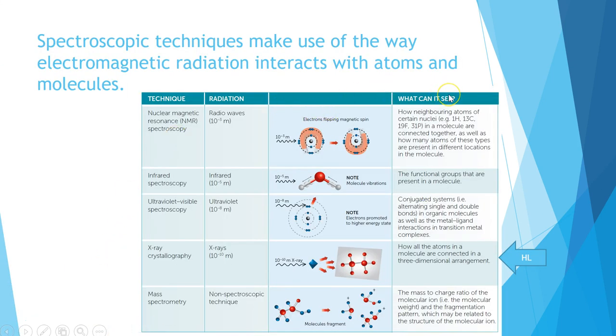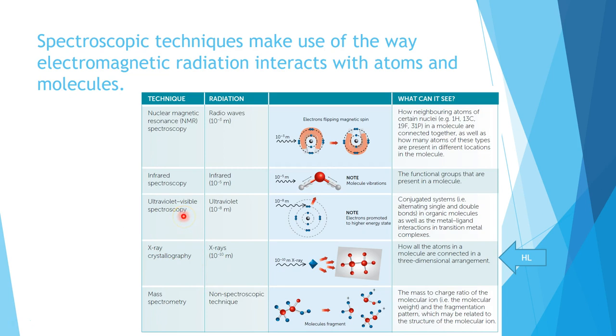So we've talked about how there are a lot of different spectroscopic techniques and how they make use of different parts of the electromagnetic spectrum. Basically, we've talked about infrared, ultraviolet. X-ray crystallography is coming up for us for HL.